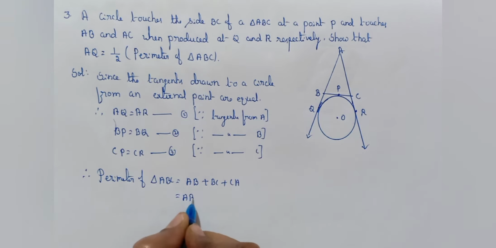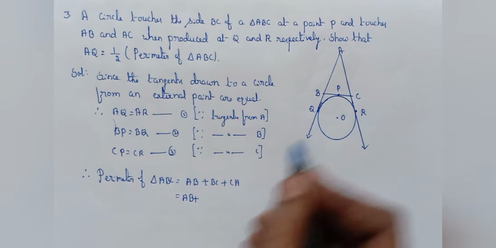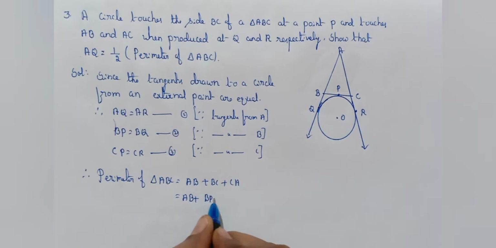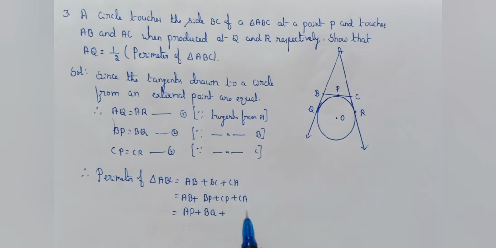AB plus BC, we can write it as AB plus BP plus CP, plus CA. BP is equal to BQ, so substitute BQ in place of BP. And CP is equal to CR, so substitute CR in place of CP, plus CA.